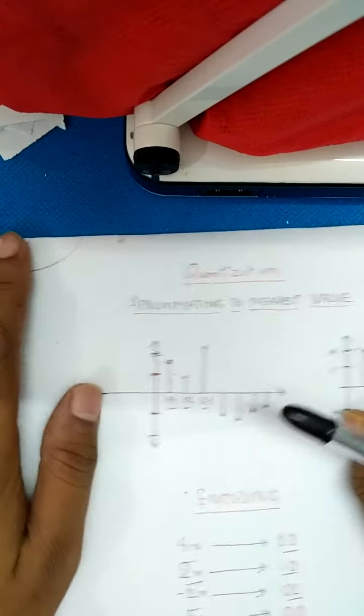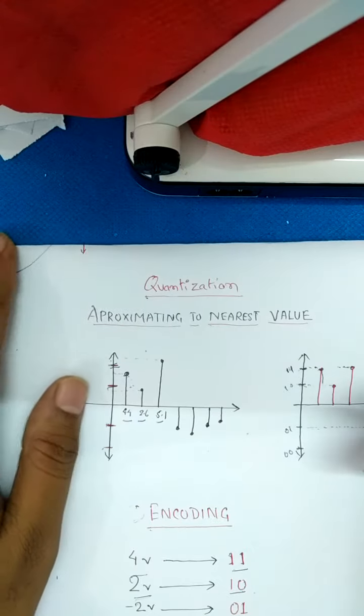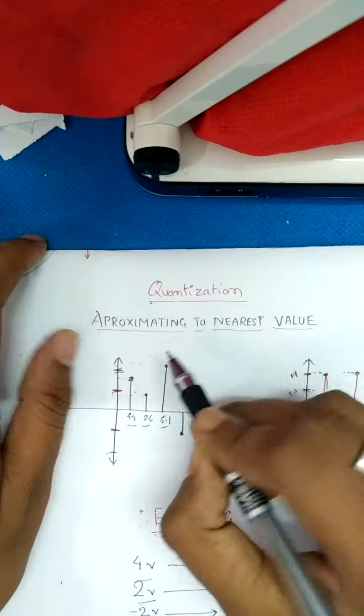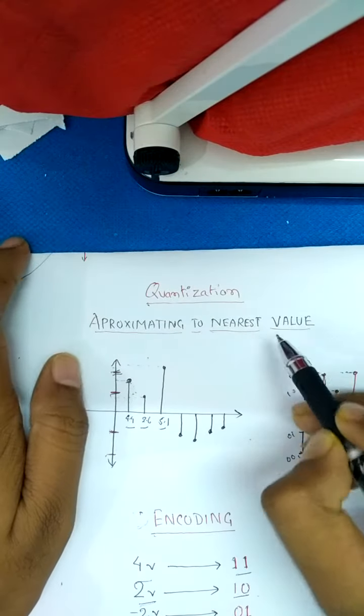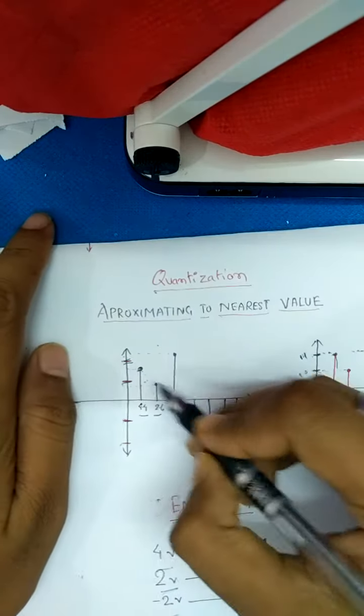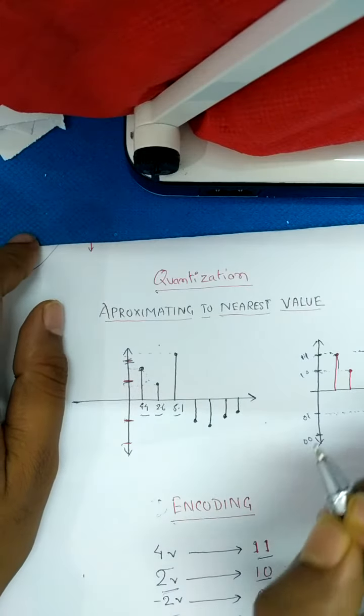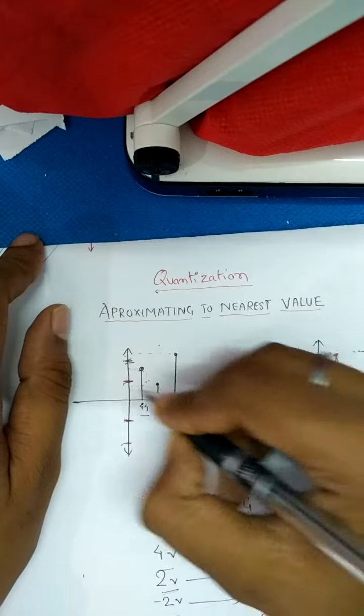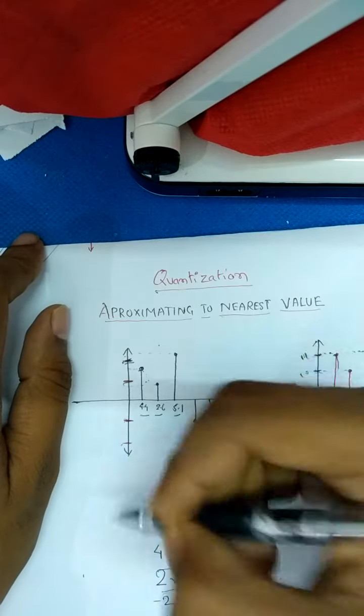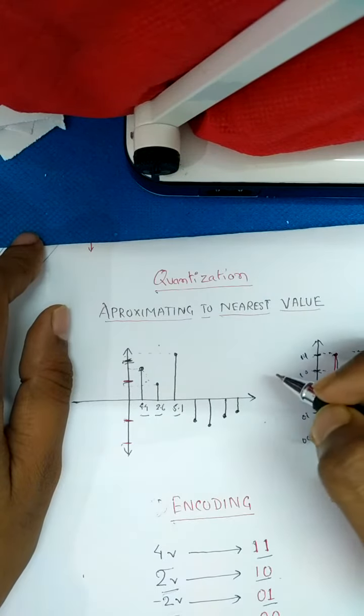Now the second thing that we need to do is quantize. So what is quantization? Quantization is approximating to the nearest value. Now your samples may be of any value of amplitude, but we cannot have just any value for transmission.